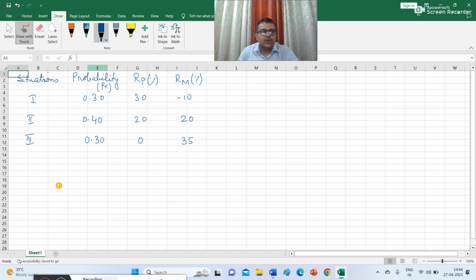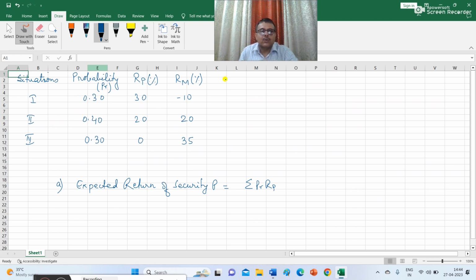So first you need to calculate the expected return of security P. To calculate the expected return of security P, you need to find out the sum total of PR and RP. The first parameter is probability and the next parameter is RP.